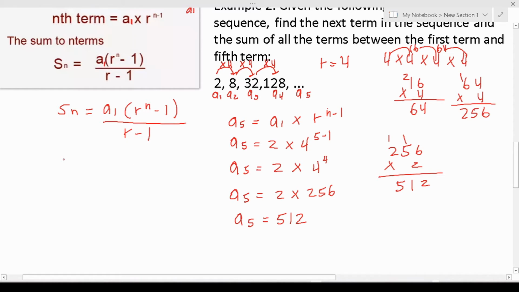Again, we want to find the fifth term, so this is going to be s to the 5. A to the 1 is the first term, so that's going to be 2. R is 4. N is 5, minus 1, over r minus 1. Again, that's 4, so that's 4 minus 1 there.